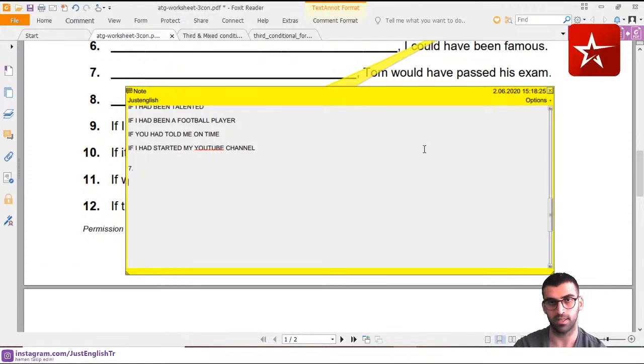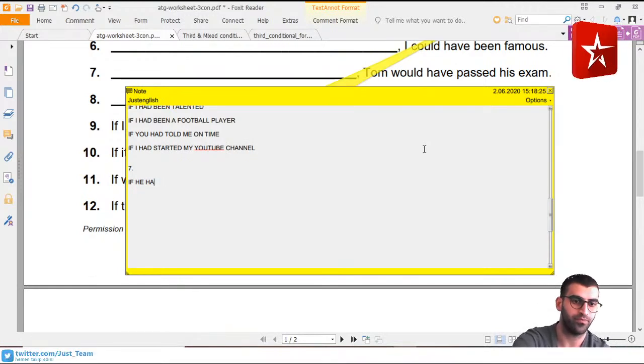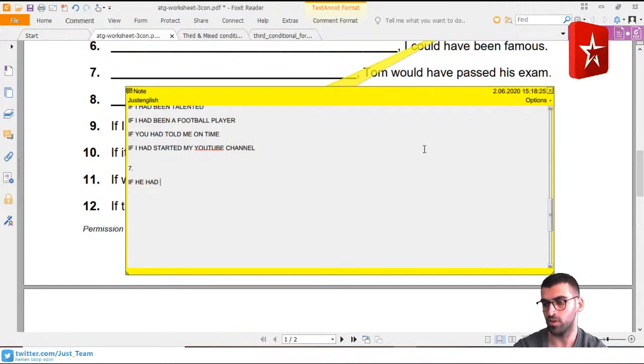Tom would have passed his exams if he had... if he had what? We have to use the past perfect tense in the if clause.